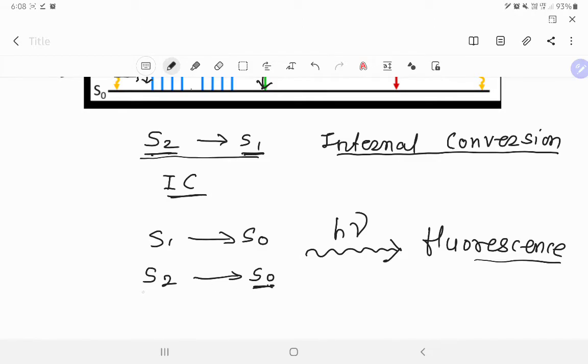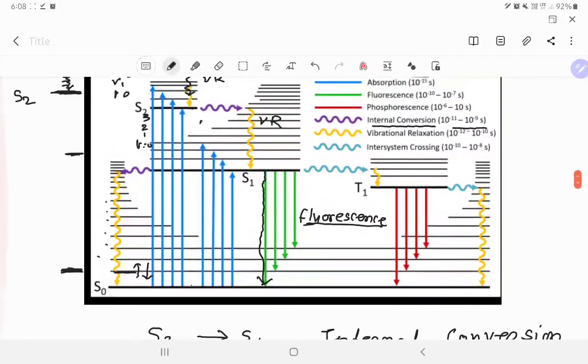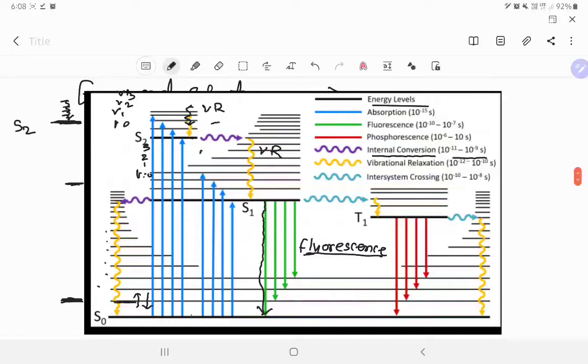These radiative transitions are called fluorescence. The transition from a higher excited singlet state to a lower excited singlet state is called internal conversion, with the help of vibrational relaxation. There is an intermediate vibrational relaxation.